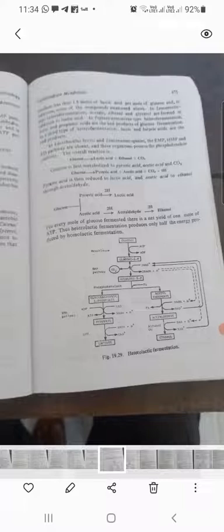Glucose is first metabolized to pyruvic acid, acetic acid and carbon dioxide. Pyruvic acid is then reduced to lactic acid, and acetic acid is reduced to ethanol through acetaldehyde formation.